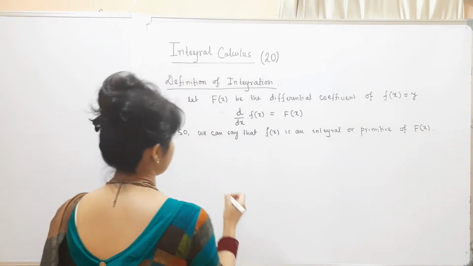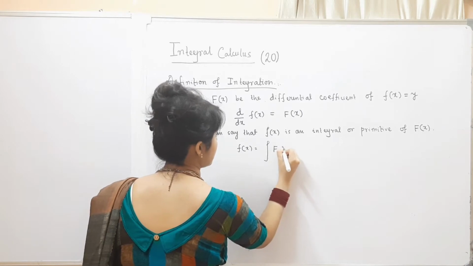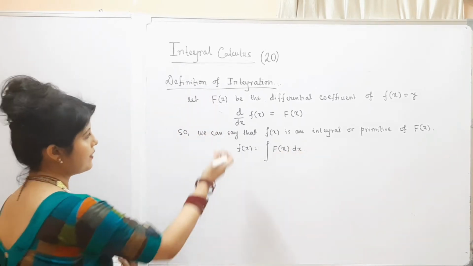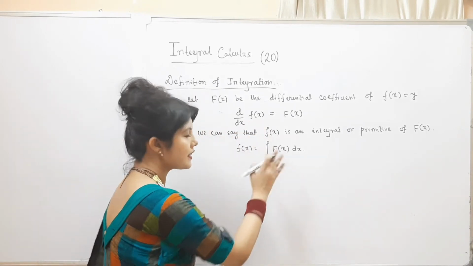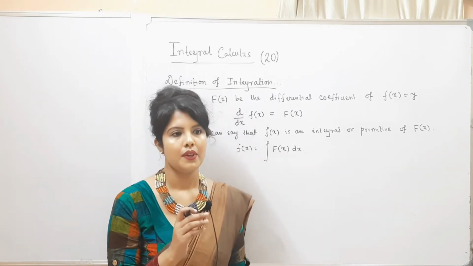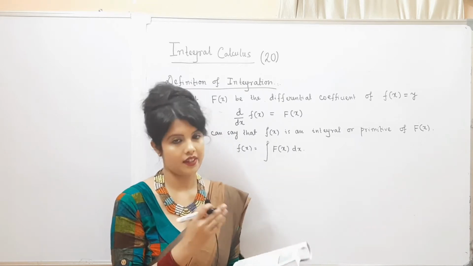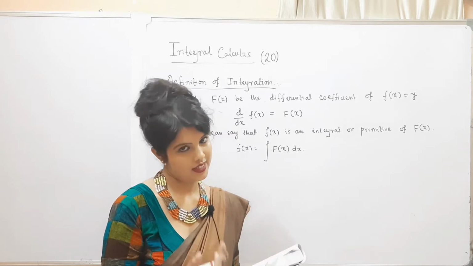Therefore small f of x can be written like this: integration of capital F of x dx. If d/dx of small f of x is capital F of x, then integration of capital F of x dx is small f of x. So these two methods, differentiation and integration, are just the opposite form of each other.